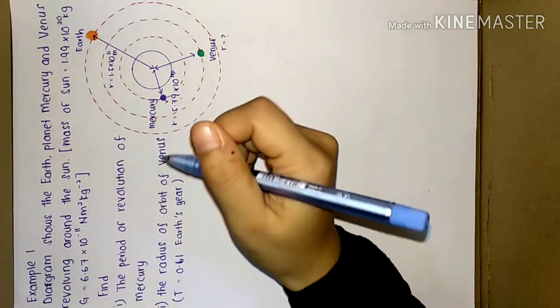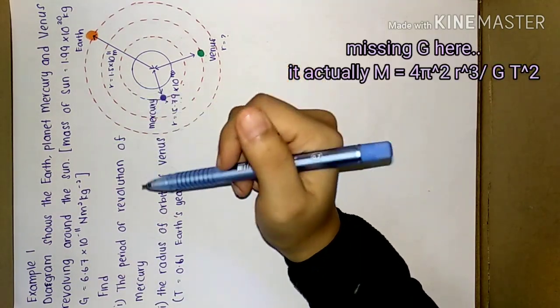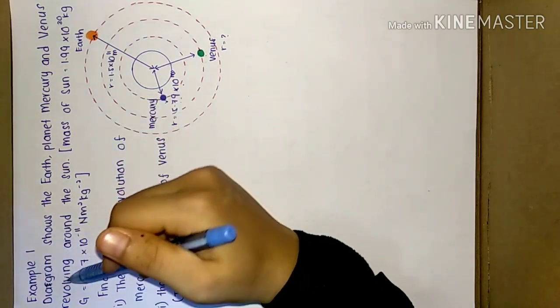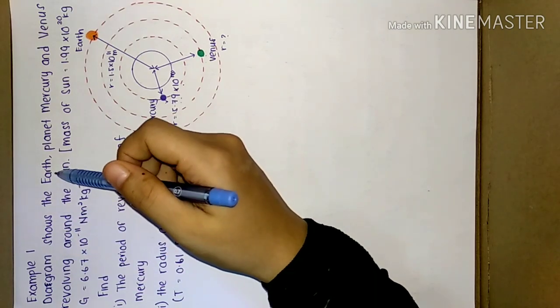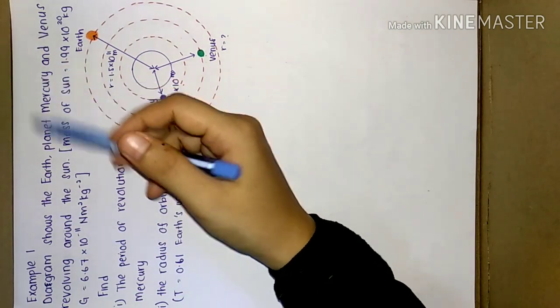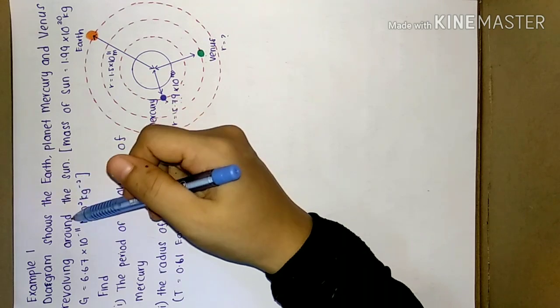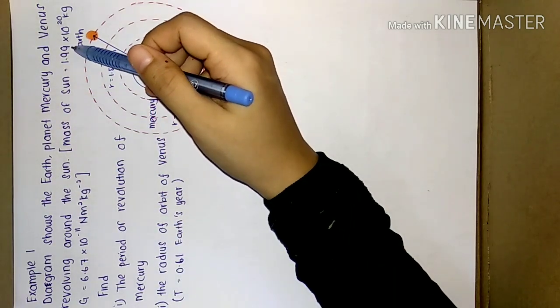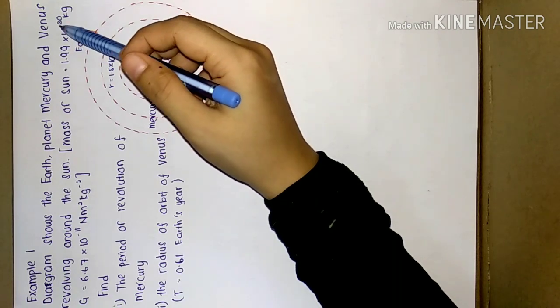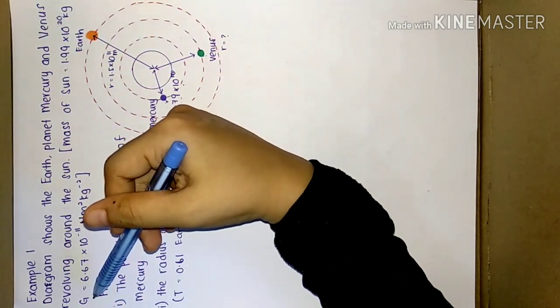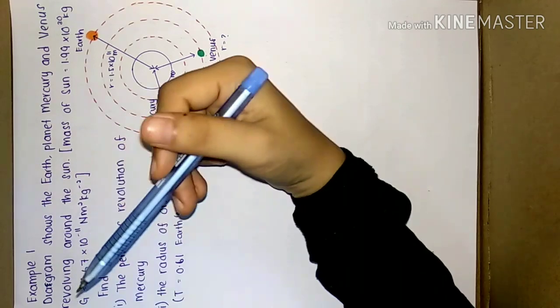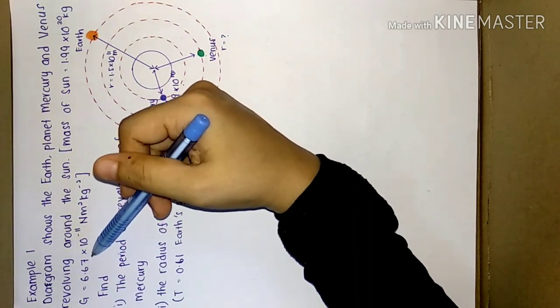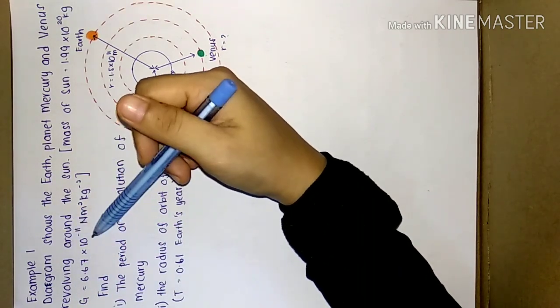To help you understand more about the topic of the mass of the Earth and the Sun, let's do an example. A diagram shows the planets Mercury and Venus and the Earth revolving around the Sun. The mass of the Sun is 1.99 times 10 to the power of 30, and the gravitational constant is given as 6.67 times 10 to the power of negative 11.